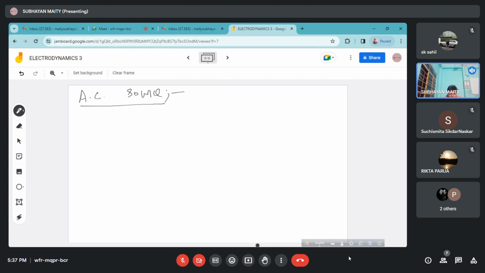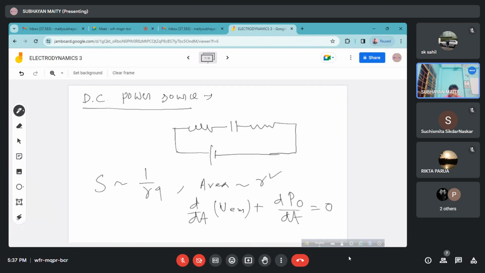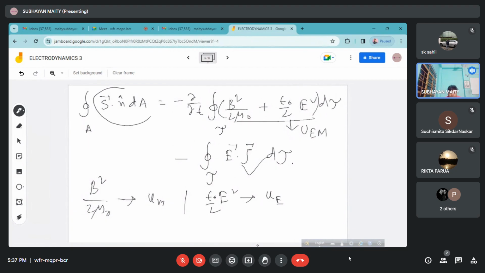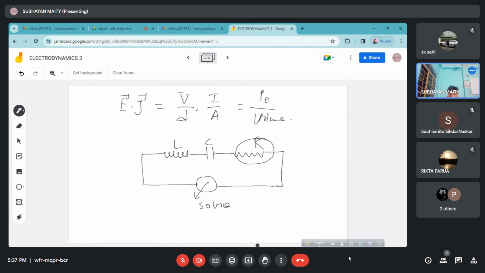So for an AC source, EM theory violates the primitive KVL, because in KVL there is no space for this flux. This flux arises in the case of an AC circuit. But in KVL there is no space for that flux of S, the flux of that vector.